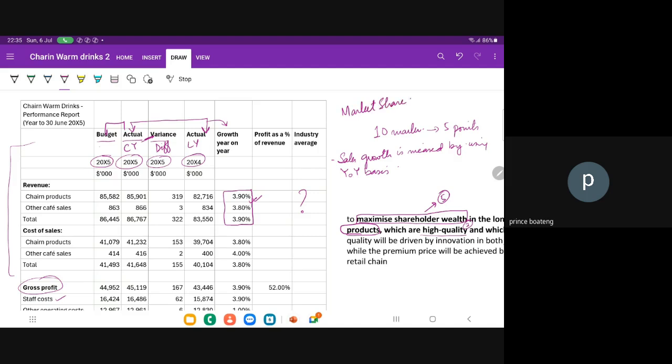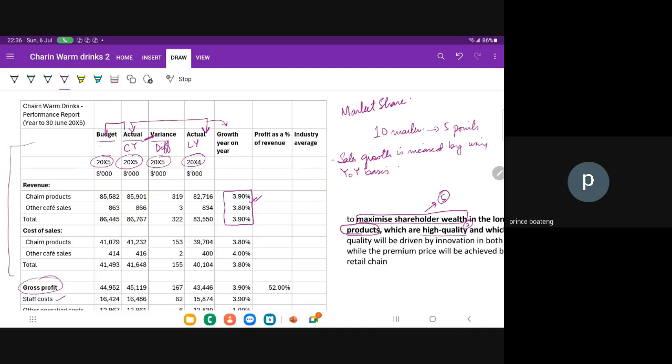Market share will tell us whether the growth of the company was in line with the industry average, with the industry growth, right? The second one is, if you say that industry growth is 2%, in that case, we are good. If the question says that industry growth is 10%, in that case, we are far behind the industry average. So you are perfectly right.